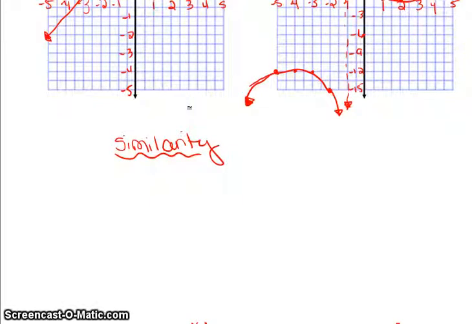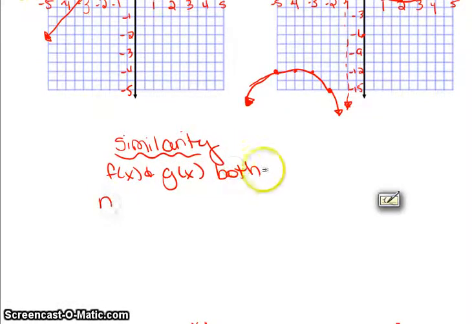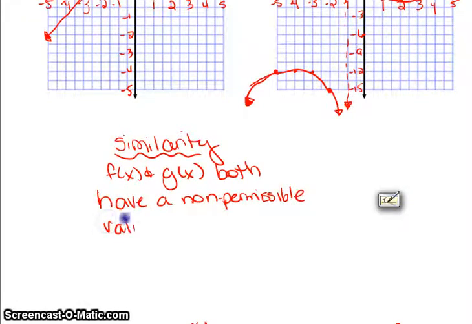And so one thing that I just want to talk about, that is technically a similarity, is that there is a non-permissible value in both of them. So f of x and g of x both have non-permissible values, and that is at x is equal to -1.